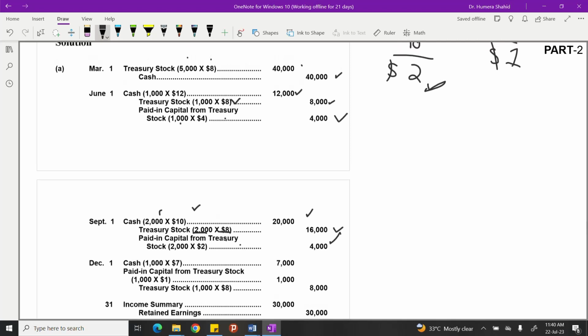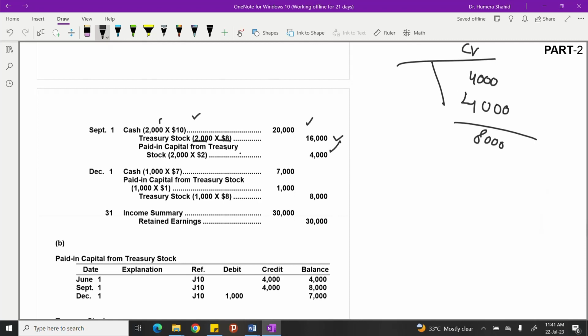First, this June 1st entry has made paid in capital credit with 4,000. The second, September 1st entry, made it credit with 4,000, right? So I have altogether 8,000 balance in this account.